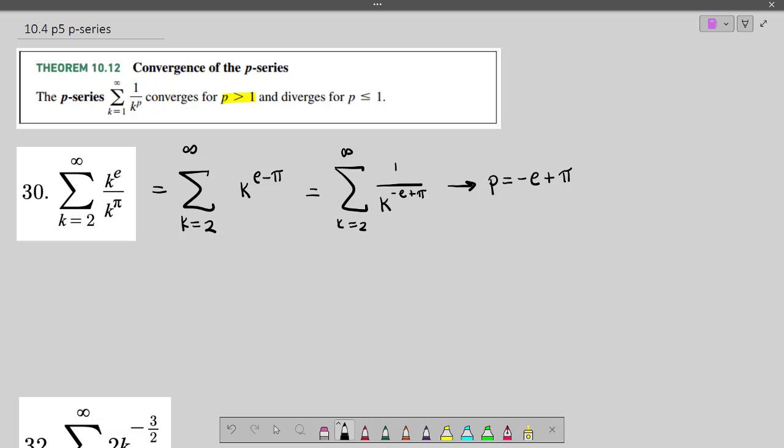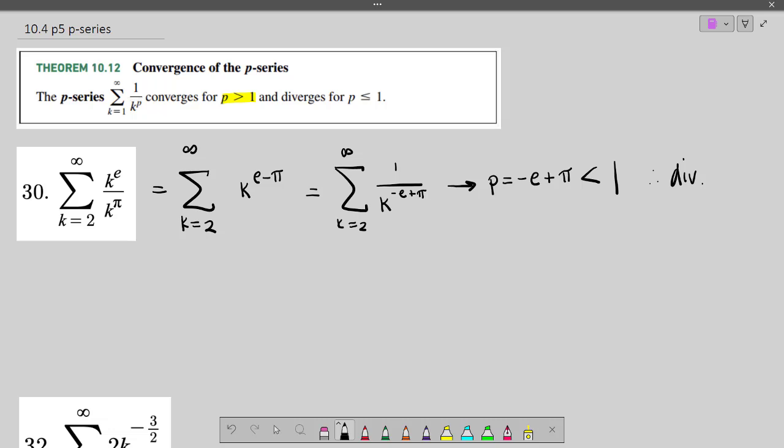Right. So this is less than 1. Now I know you identified p, you've compared it to 1, you've said it's less than 1, and then you make your conclusion. So therefore, diverge. There's not a ton of work with the p-series. You have to convey that you know what p is, that you're comparing it to 1, and then make your conclusion.